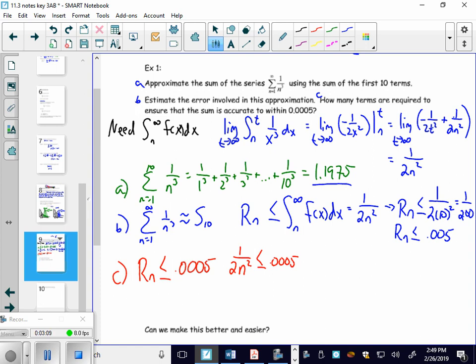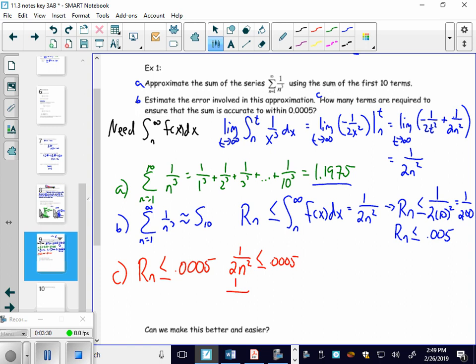So a little bit of algebra here. 0.0005 is going to be the same thing as 5 ten-thousandths. So that's going to be 1 over 2,000, I believe. Yeah, that sounds right.